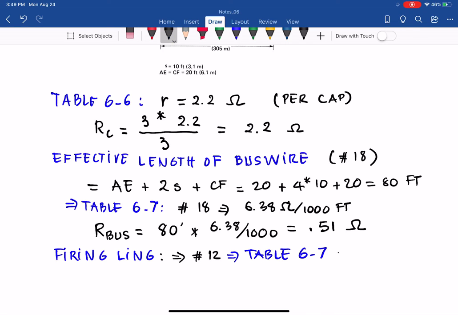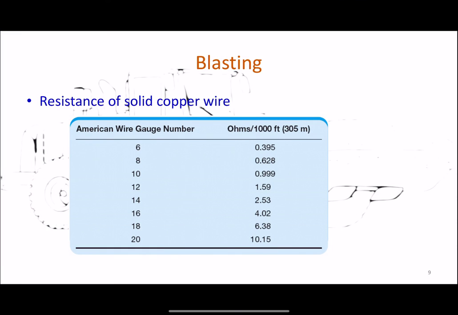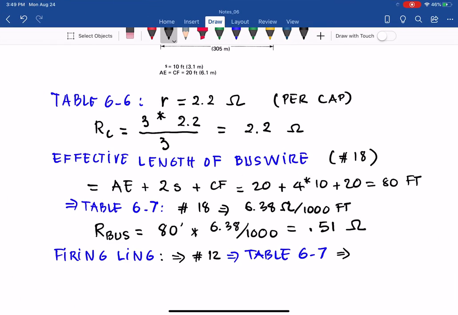We can find out what is the number for that sample. Number 12, we have 1.59 ohms per 1,000 feet.